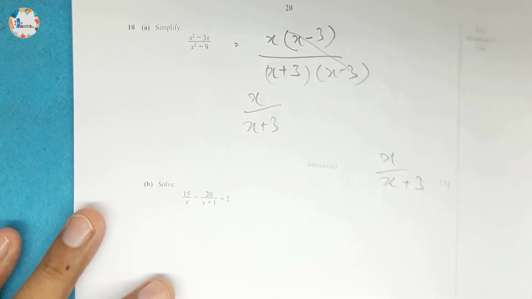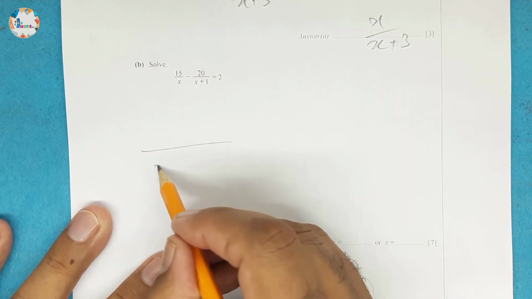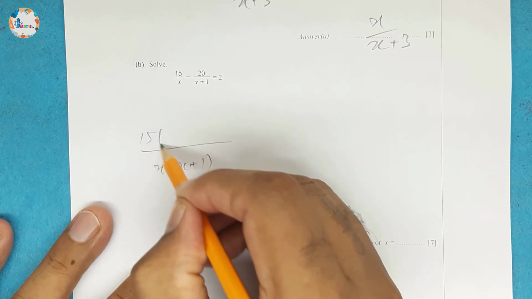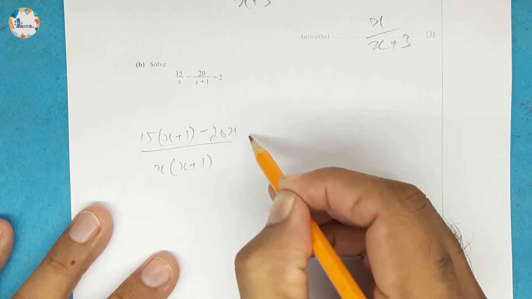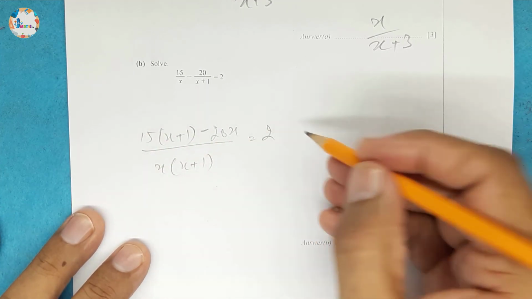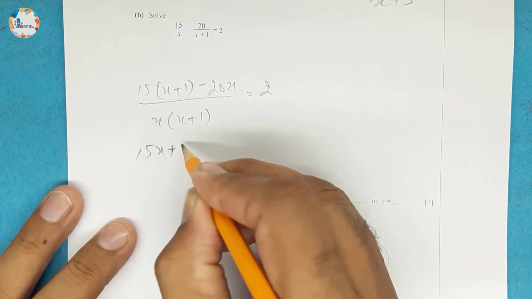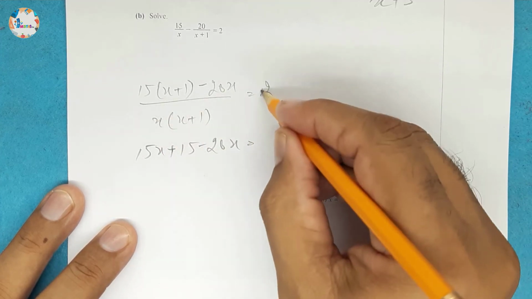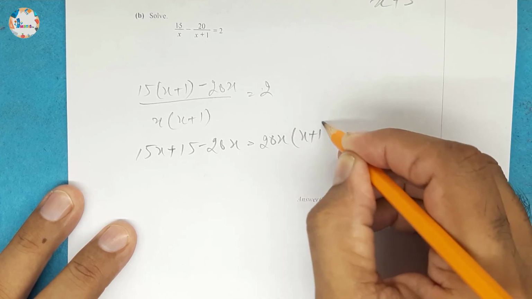Then we have to solve this fraction, what we can do, we can take LCM, so it will be x into x plus 1, and this into this will be 15 into x plus 1 minus 20x is equal to 2. Now we can cross multiply and open the bracket also, so this will be 15x plus 15 minus 20x and will be equal to 20x into x plus 1.